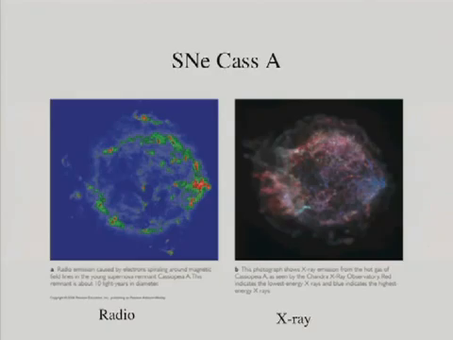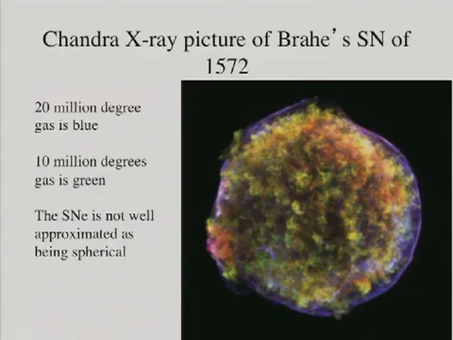Here is another one. This is the one that Tycho saw, and he of course didn't see this picture. He saw a bright light in the sky, and it was there for a month. This is what has become of that bright object. The gas on the outside is colored blue if it is 20 million degrees, green if it is 10 million degrees.